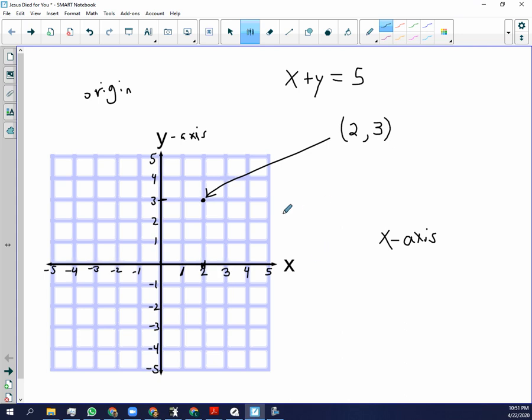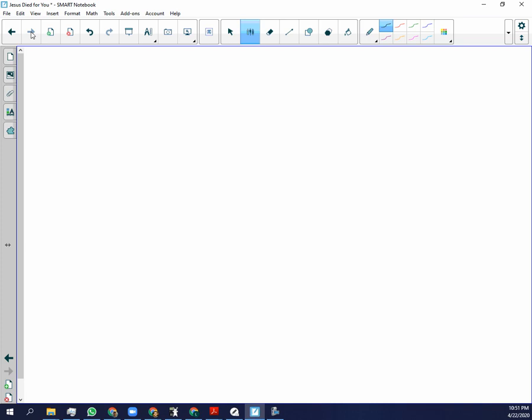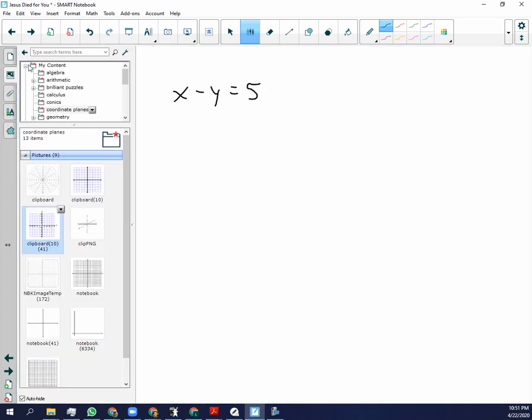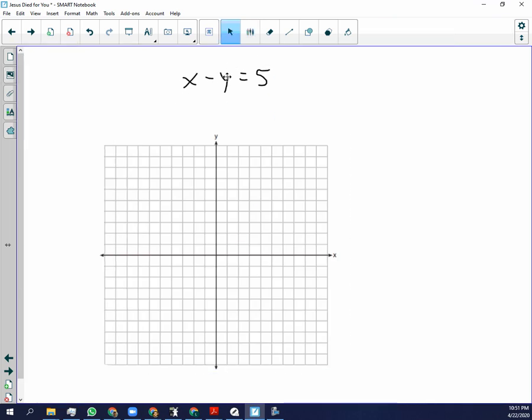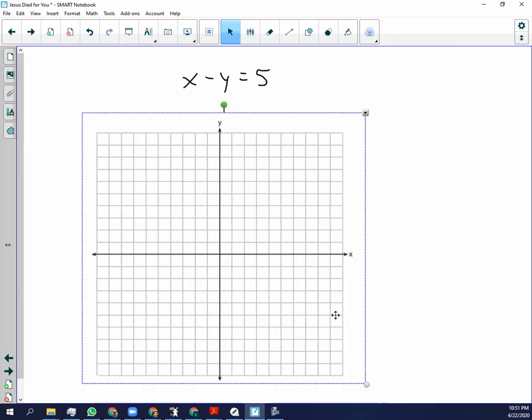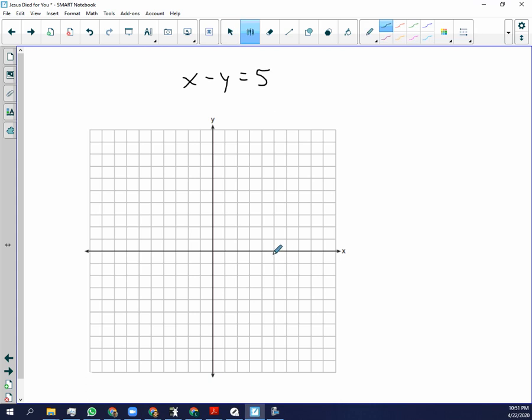Okay. Let's take another equation. Let's say we have x minus y equals 5. I might need a larger coordinate plane for this one, or one that includes higher values of x and y. Here's 5 on the x-axis.